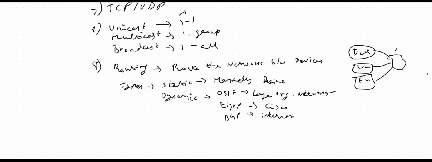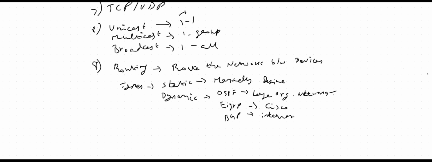This is some higher level, CCNP level. If you know that, you will know. But here you have to know the basic stuff. Just know what is routing and what are the types of routing. There are some questions they will ask: how OSPF functions, how EIGRP functions, how BGP functions.